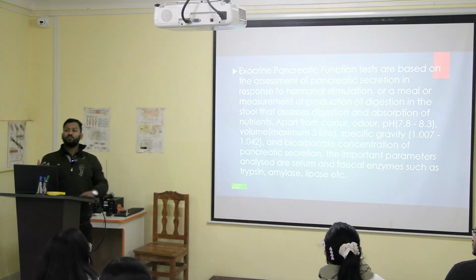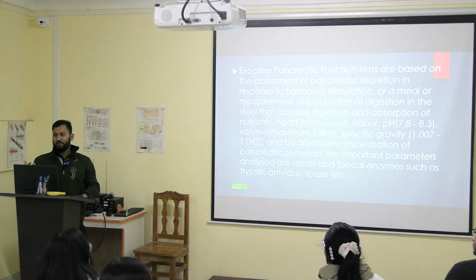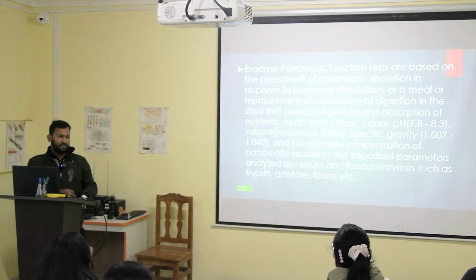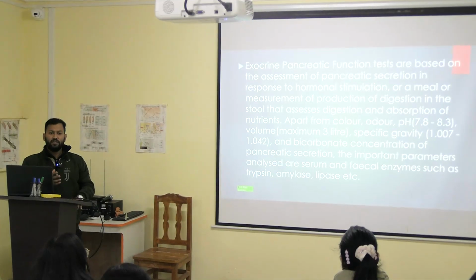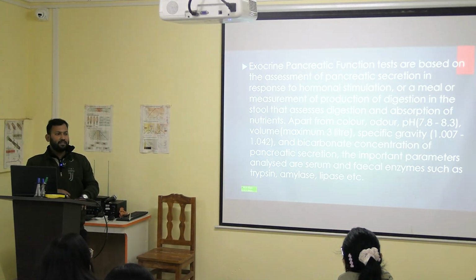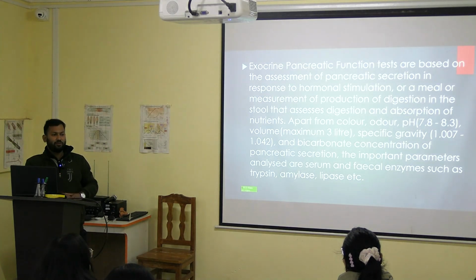Some things will be left over in the stool, or the feces. So in some cases, whenever there is any problem with the pancreas, if the undigested food is in more quantity than what normally occurs in the body, then we can know that there is a problem in the digestion. So that's why the pancreas may be involved in that.